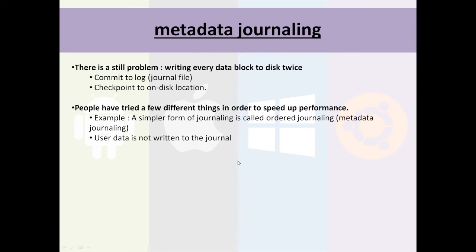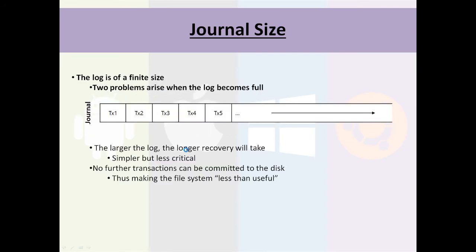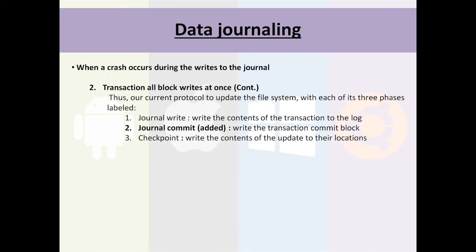So there is still a slight problem, and that is because we have to write every data block to the disk twice, right? Sorry, I'm going back, I just want to describe this.